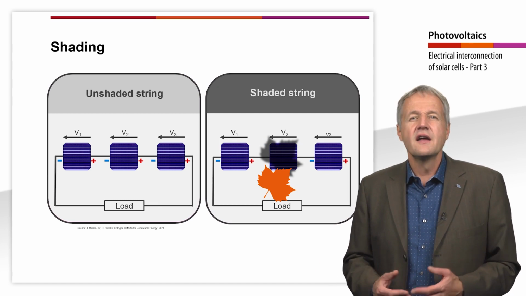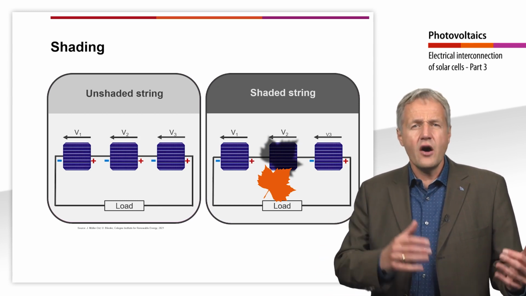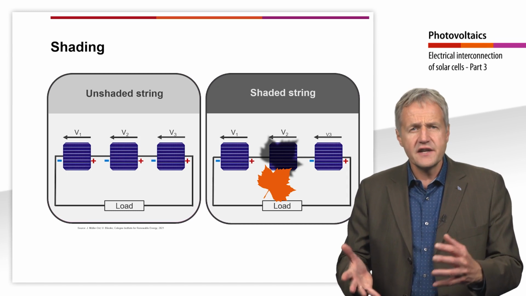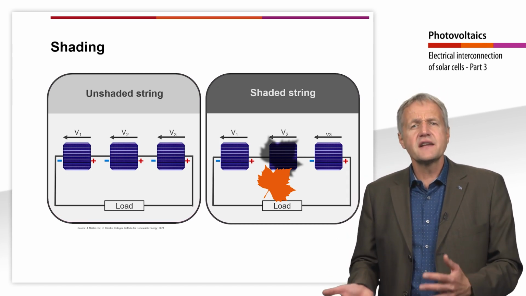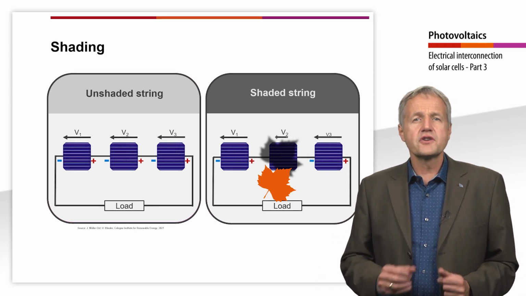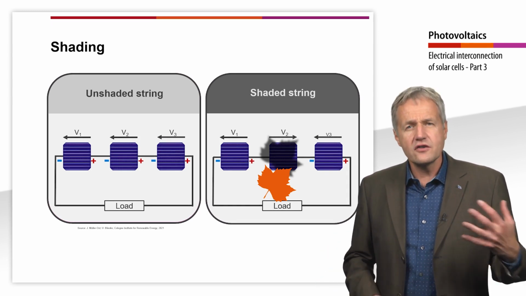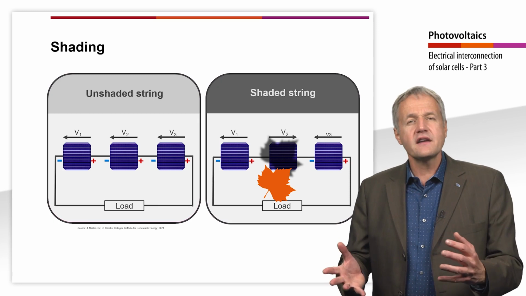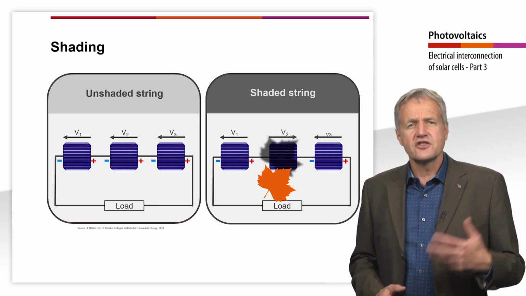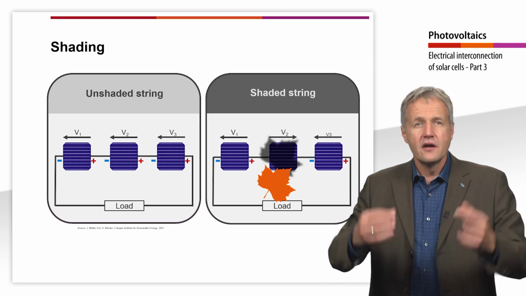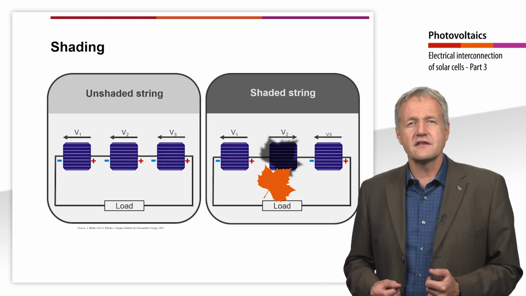As a result, a negative voltage is now present at the shaded solar cell. Due to this voltage, it changes to blocking mode and is now operated as a consumer by the remaining 2 solar cells. As a consequence, the shaded solar cell heats up. A hotspot is created in the circuit.